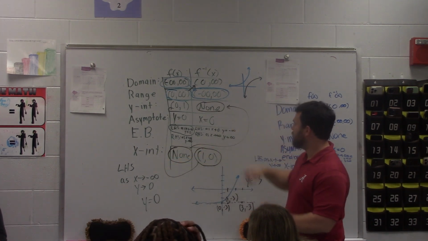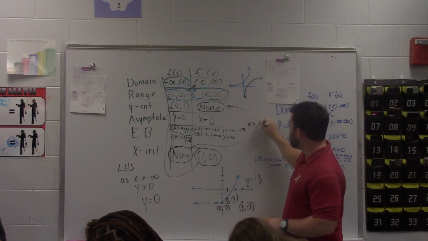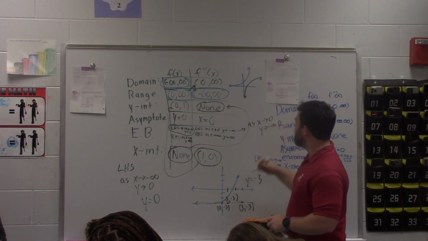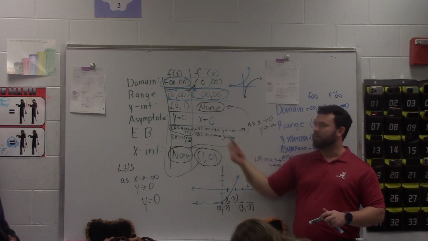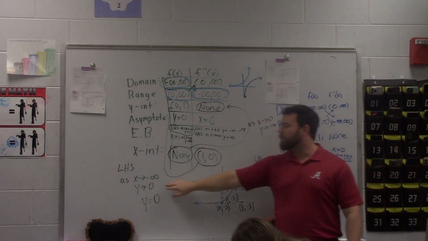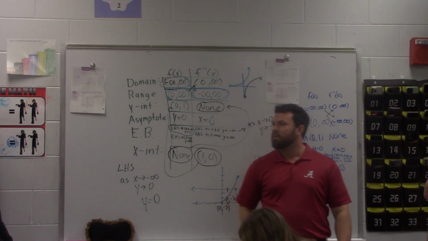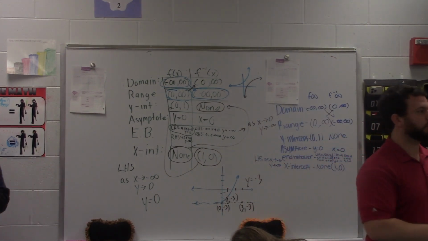Over here, this left-hand side, again, those inputs and outputs transpose, but now it's as x goes to 0, y goes towards negative infinity. And what was the asymptote for this one? X equals 0. Notice, there's my asymptote within the end behavior. So use your end behavior to help inform your asymptotes.